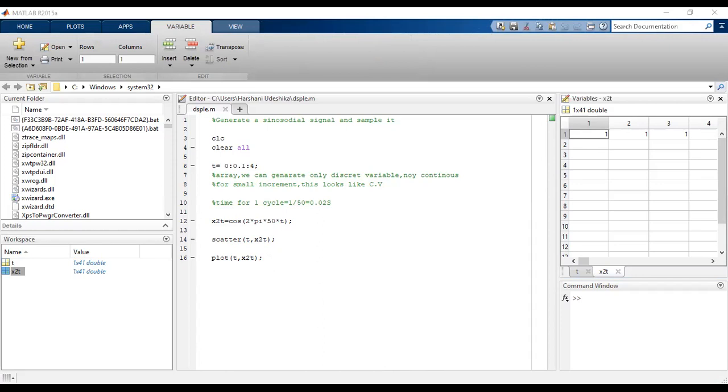Sorry, this is 0.2. So this will be 0, this will be 0.4, this will be 0.6, this will be 0.8, and that will be 0.9.